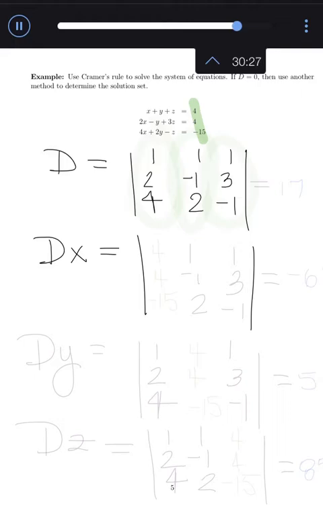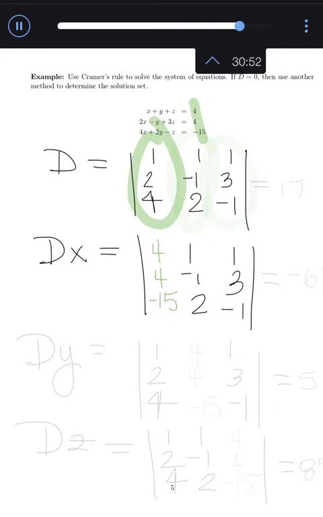So we'd replace just the first column with those values. We would replace it with the 4, 4, -15. Everything else would be the same. So that'd be the 1, the -1, the 2, the 1, the 3, and the -1.